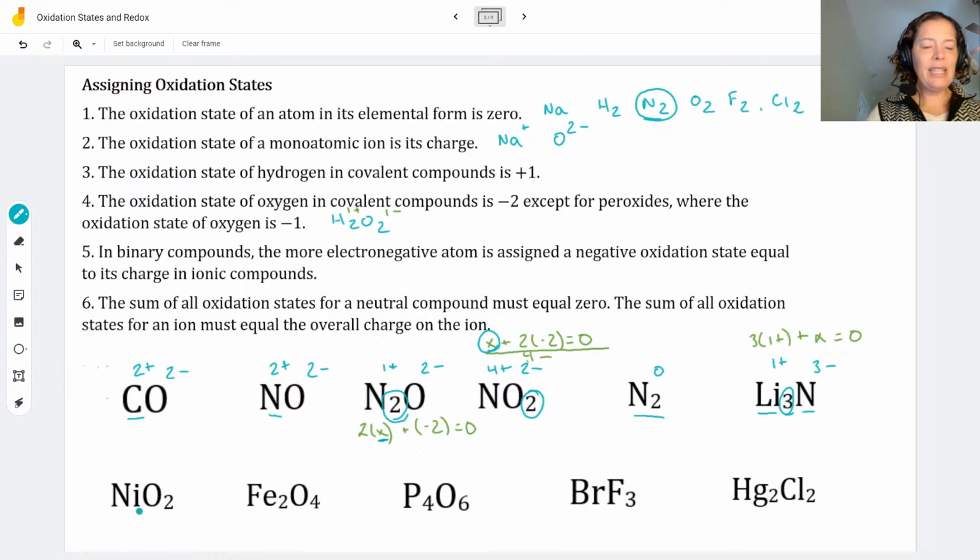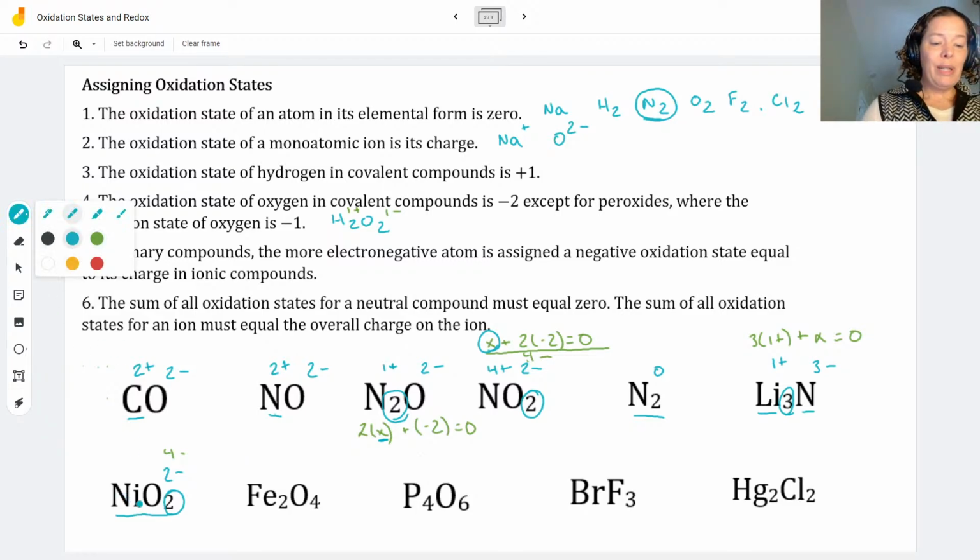Okay, now let's do nickel oxide down here. So we need to figure out the oxidation state on nickel. Again, we're going to use our good old rule for oxygen, which means oxygen is -2. Now I have 2 oxygens, which means it's got a multiplier. So I am going to write -4 up here just as my reminder that my overall oxidation state here when I'm adding is actually a -4, which means my nickel must be +4 to give me a neutral compound.